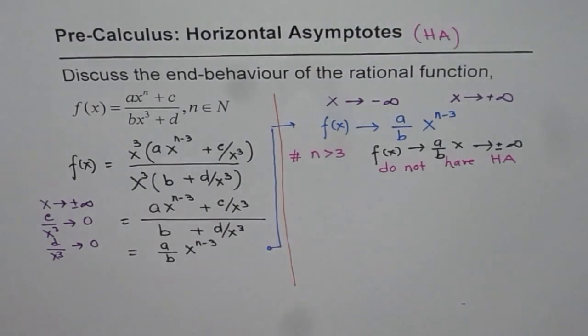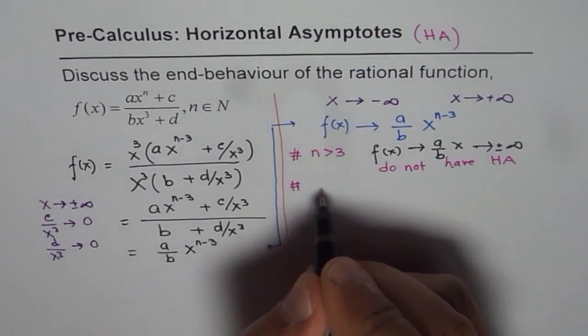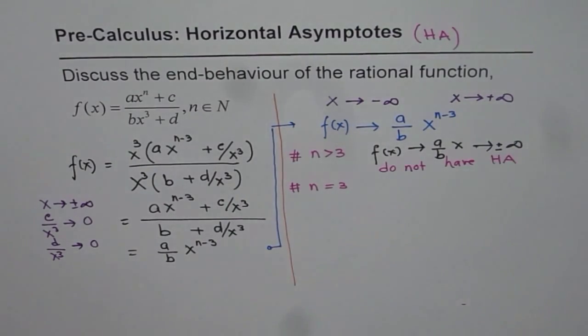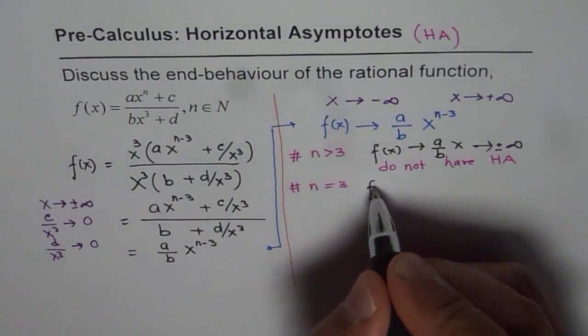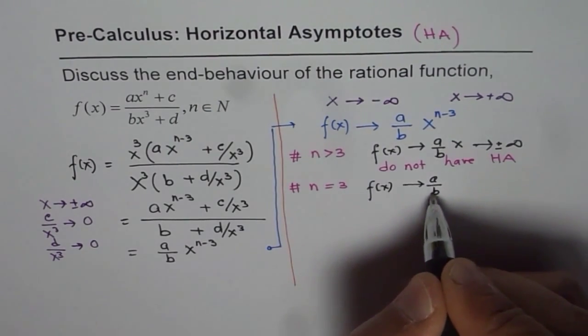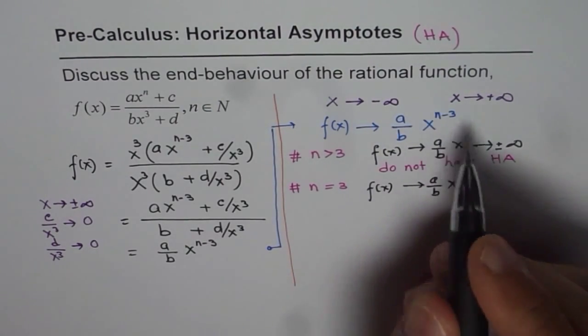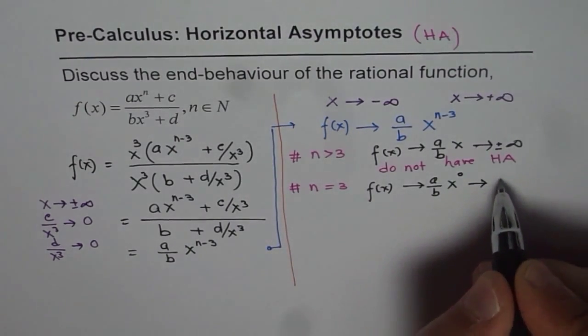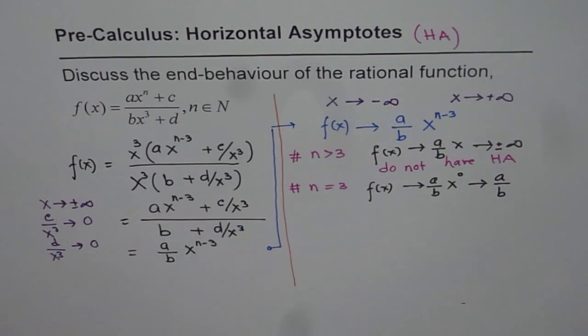Now condition number 2 will be when n is equal to 3. Now if n is equal to 3, then what happens? Then f of x approaches a over b x to the power of 0, since n minus 3 is 0. That means x to the power 0 is 1, so it approaches a over b. So that means the horizontal asymptote exists.